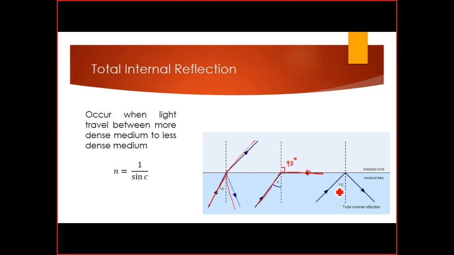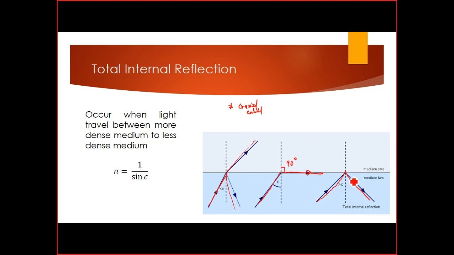What happens if you go more? If the angle is more than the critical angle, there is going to be a reflection inside. Total internal reflection means that instead of the light being refracted, it is reflected back. One of the applications is in cables; most internet cables use this kind of method.